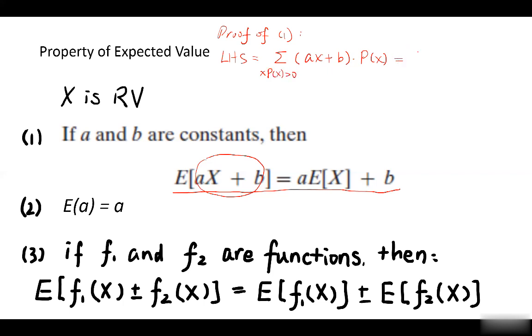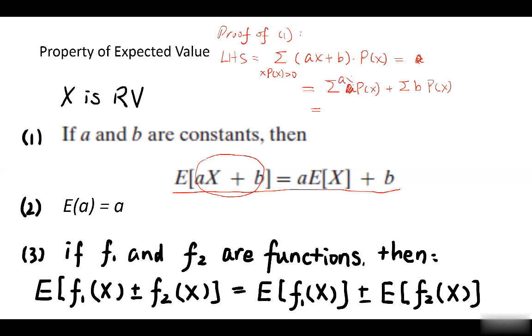Okay, so this equals the sum of a x p(x) plus b times p(x), right? Okay, because a and b are constants.